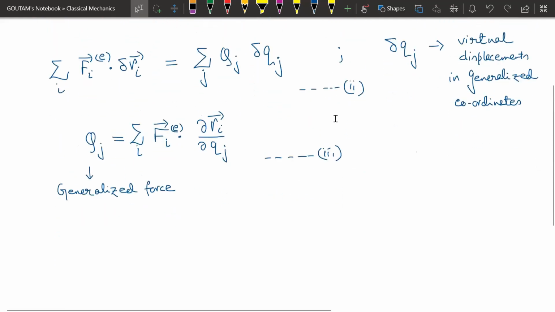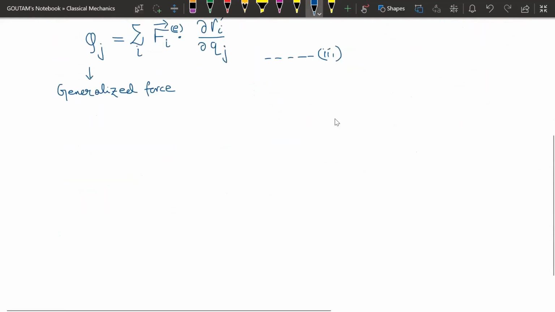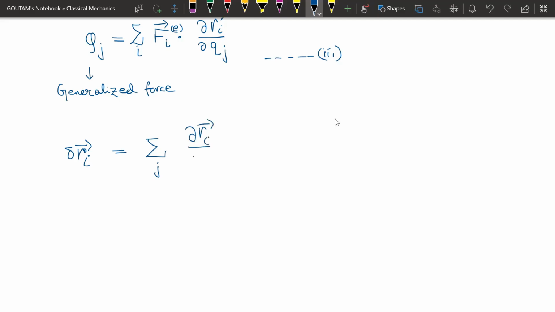To derive this, we used another equation, which is delta Ri. This is a virtual displacement in the original, or initial, set of coordinates. If I transform it into the generalized coordinates, then it will be delta Ri equals the sum over j of del Ri del qj times delta qj.